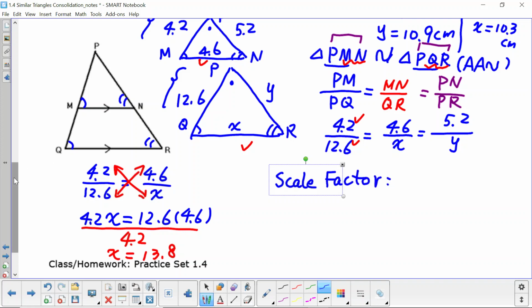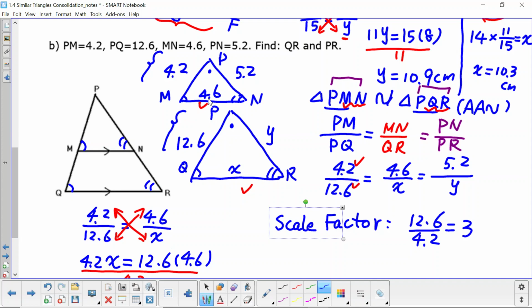Scale factor is focusing on one ratio, okay? One ratio is we want to use 12.6, the larger number, divided by the smaller number, then you will see it is 3. Then we know that from this triangle to this triangle is enlarged by this scale factor 3.